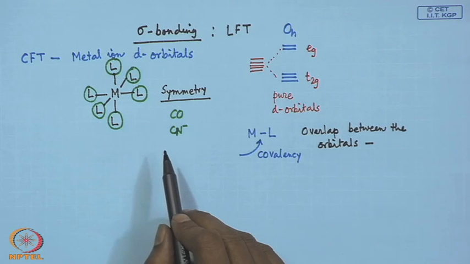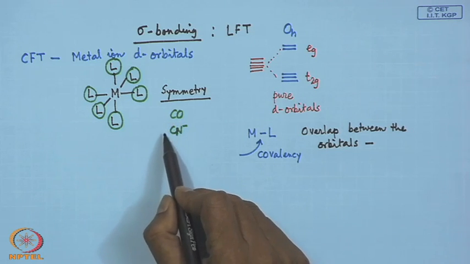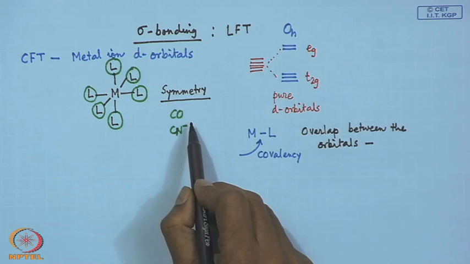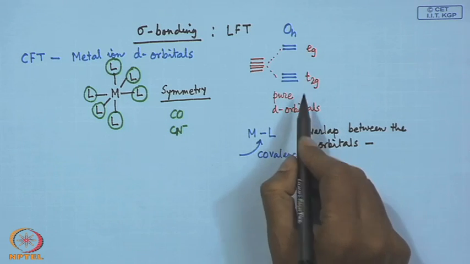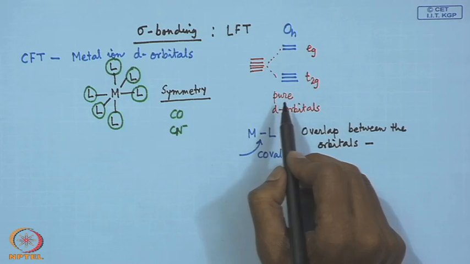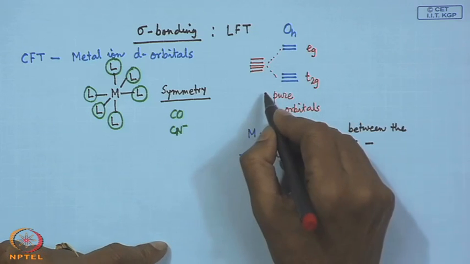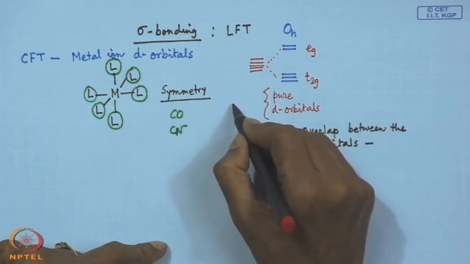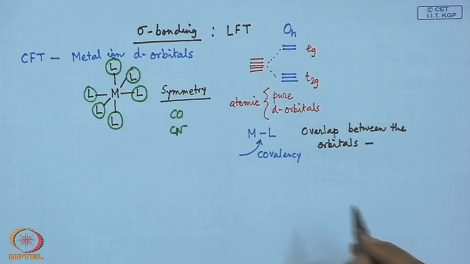As a result, we are not talking in terms of atomic orbitals, because the d orbital splitting in crystal field theory involves pure d orbitals, which are atomic orbitals.